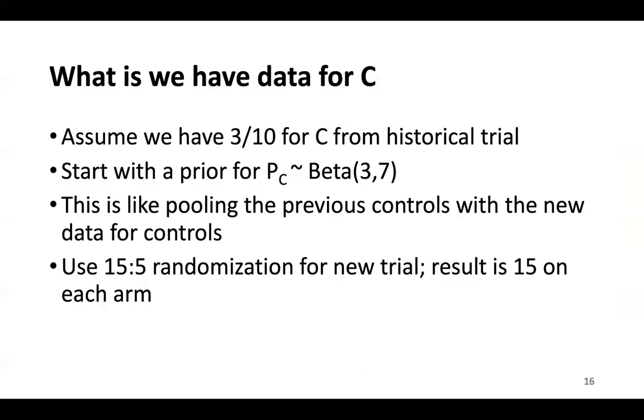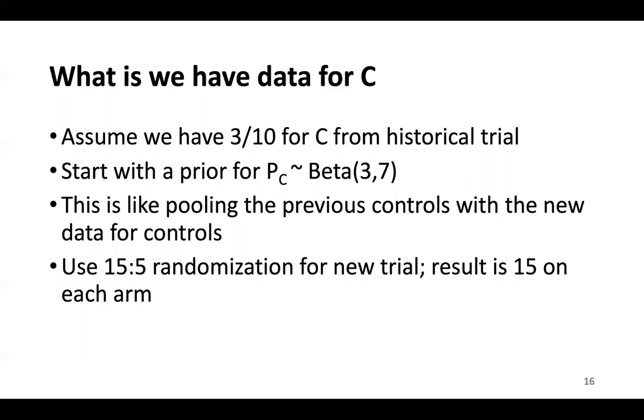Now, there are alternatives here. We don't have to go to the extreme that we know C is 30%. We might not have to go to the extreme that we ignore the historical rate entirely. What if we incorporate that data? So let's assume, for simplicity, that we had 10 historical observations on C, and 3 out of 10 were successful.